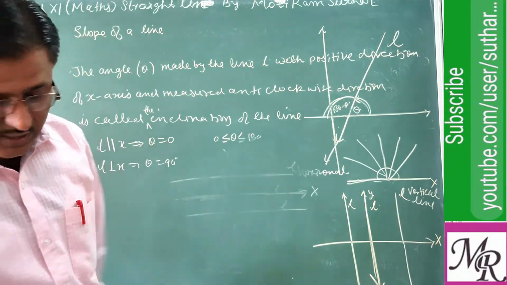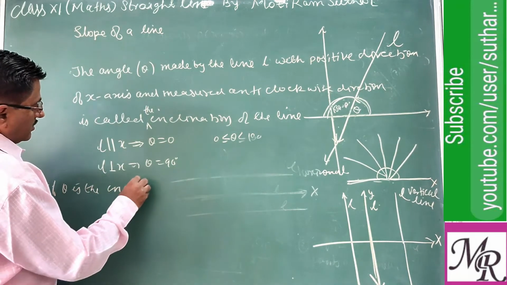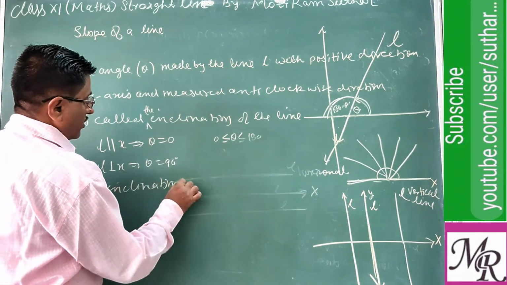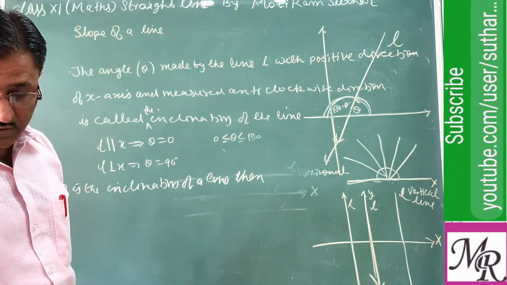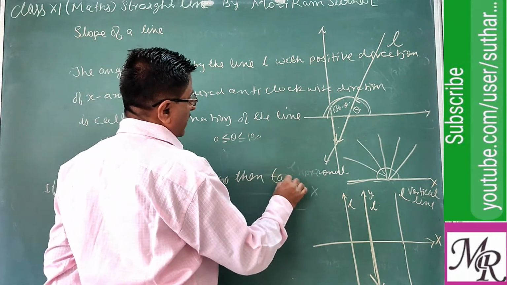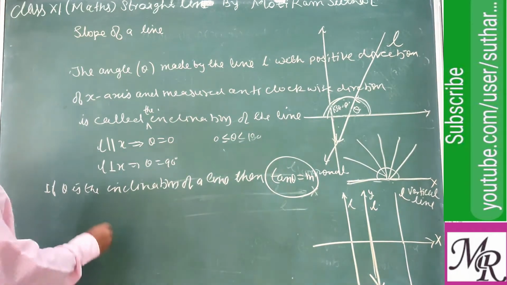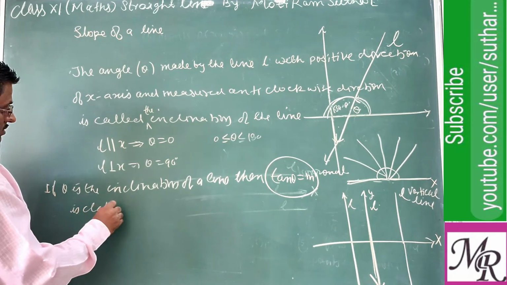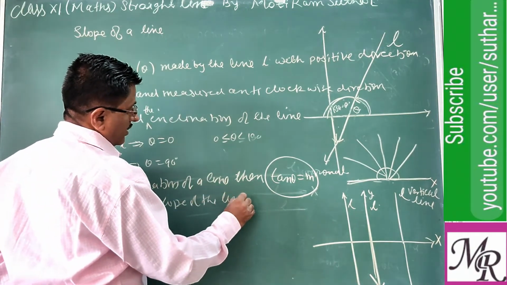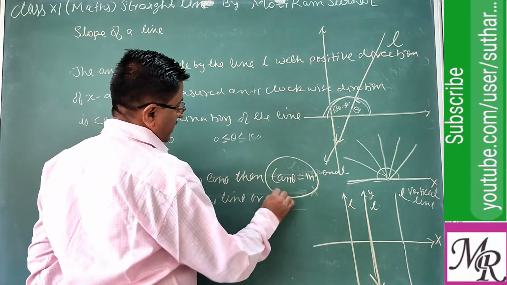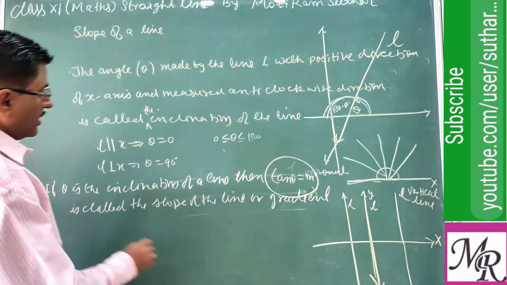If theta is the inclination of a line, then the value of tan theta is called the slope of the line, or the gradient of the line.